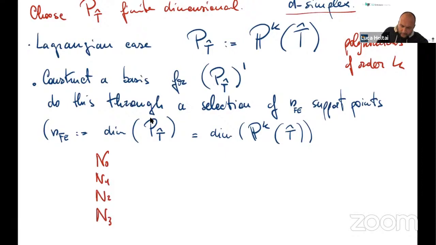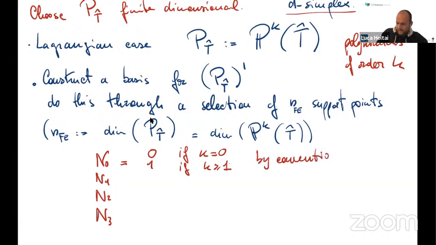And N0 is equal to 0 if K is equal to 0, and 1 if K is greater than or equal to 1. By convention. The reason why I'm saying this is because if you're in dimension 0, you're just looking at a single point.